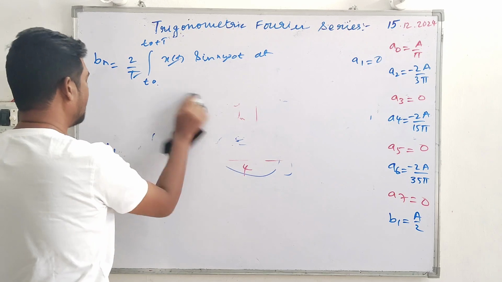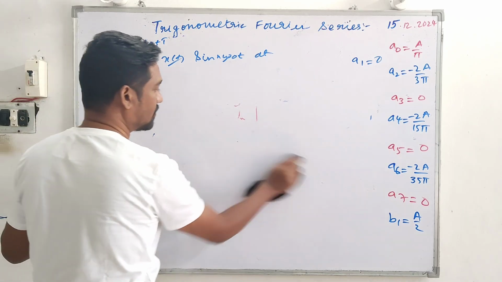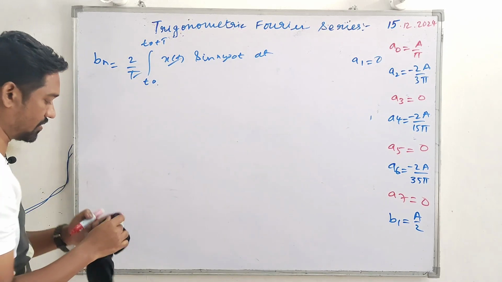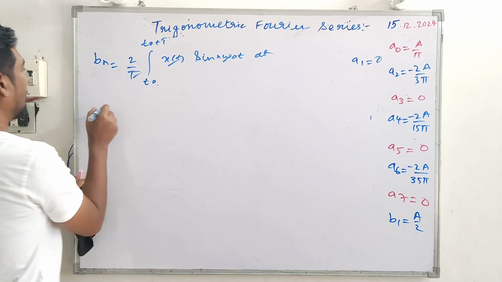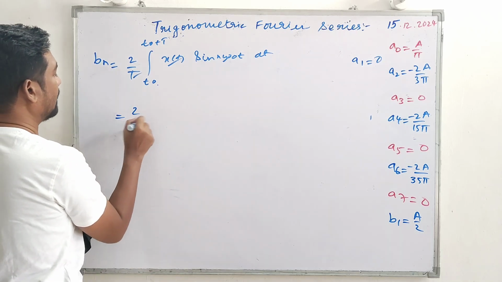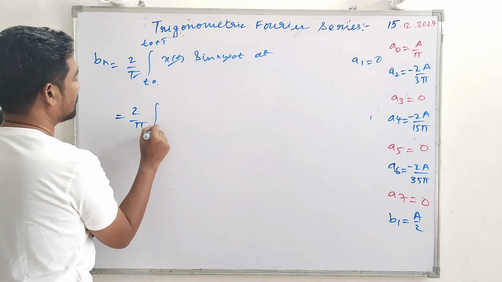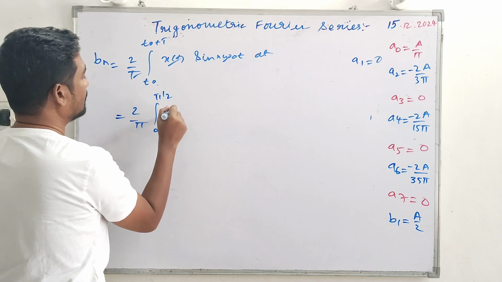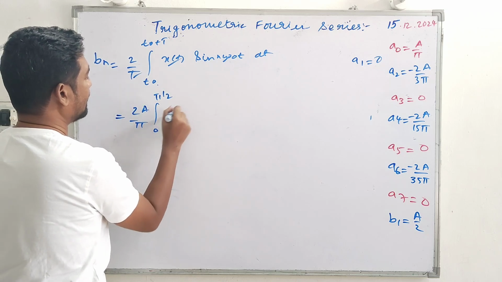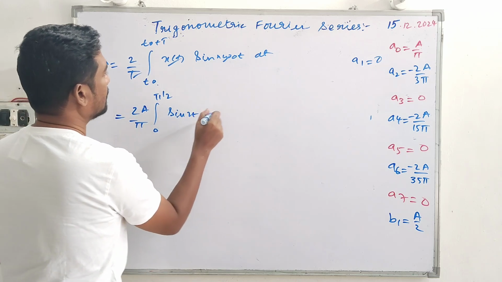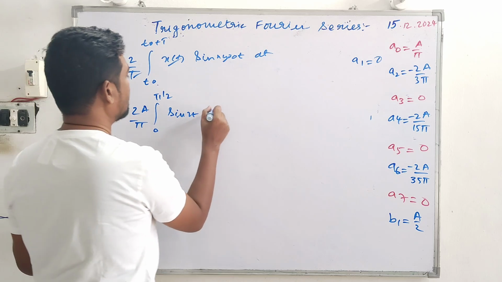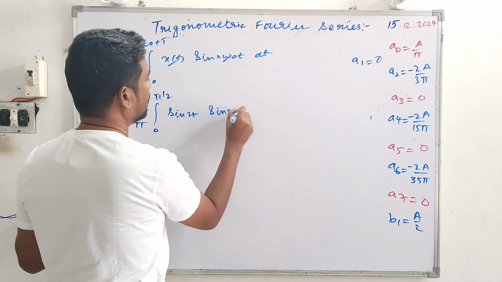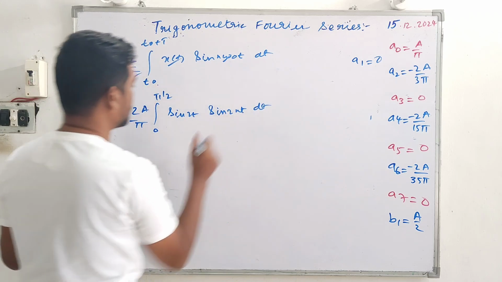Now Bn for n equal to 2, 3, 4, 5 are all zeros, but that has to be proved. Bn is 2 by pi, integral 0 to pi by 2, X of t is a sine 2t multiplied with sine 2nt and integrated with respect to t.